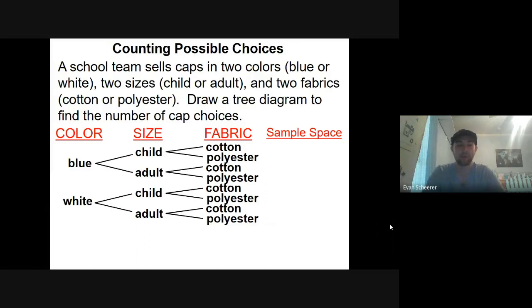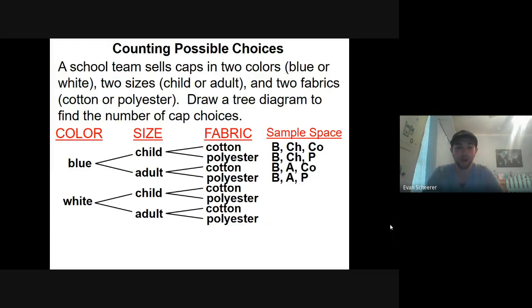It doubled. Our first option we could have gotten is a blue cap, child size, and cotton. But we also could have gotten a blue cap in a child size in polyester. Just follow the lines. After that, you could have gotten a blue cap in an adult size in cotton, or a blue cap in adult size in polyester.